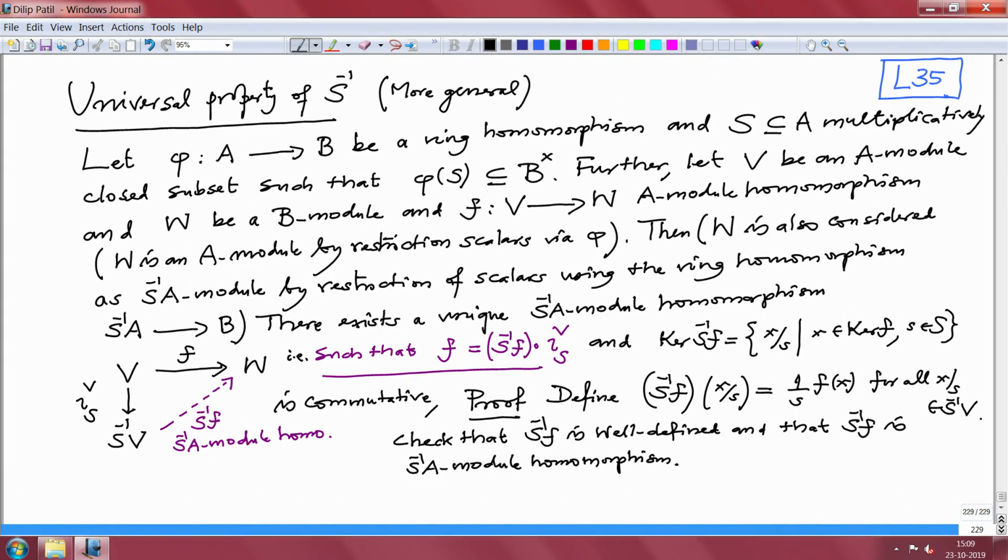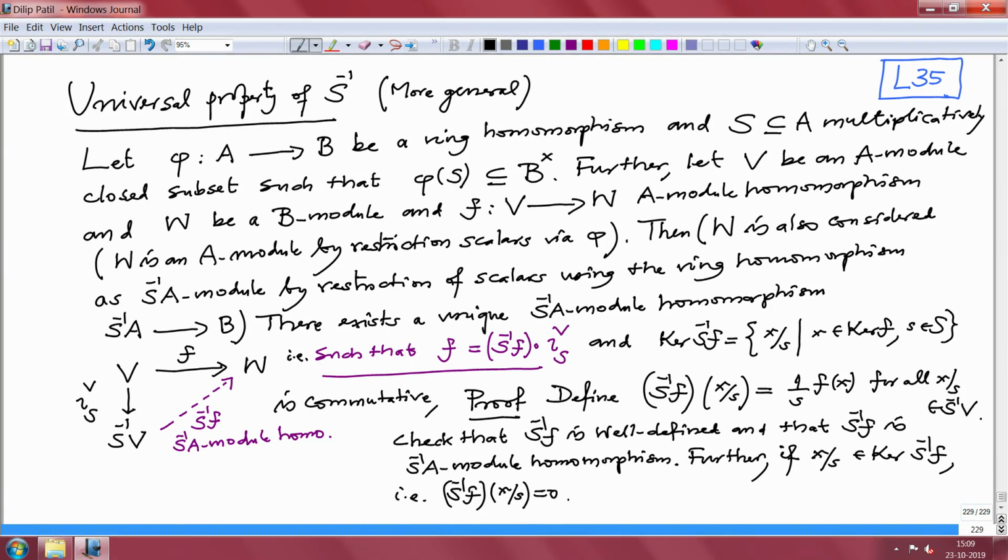And for checking the kernel, further, if x over s is in the kernel of S inverse F, that means S inverse F evaluated at x over s is 0.